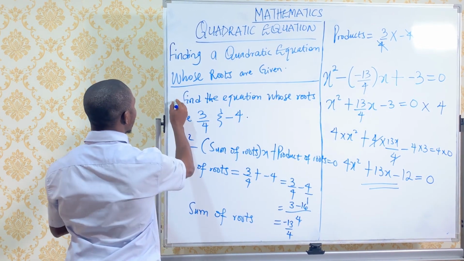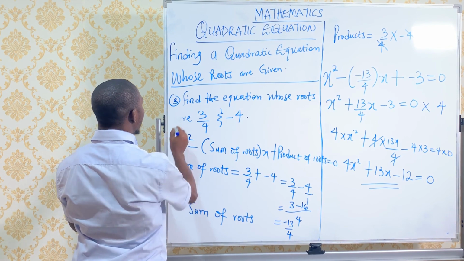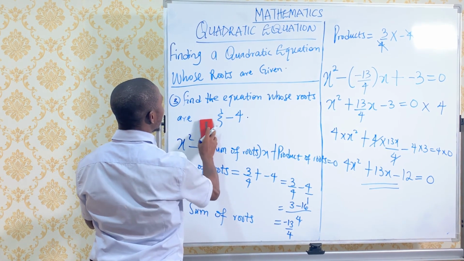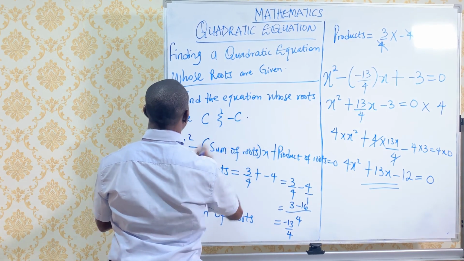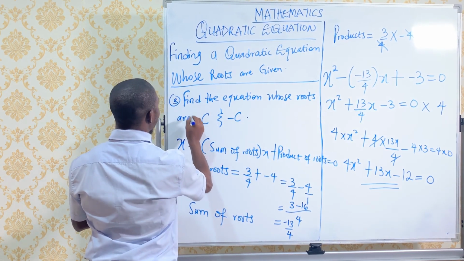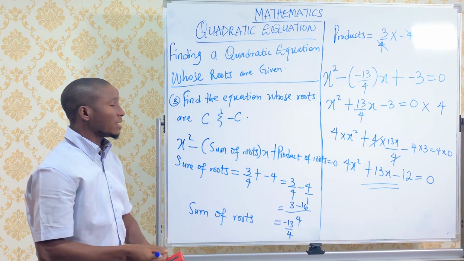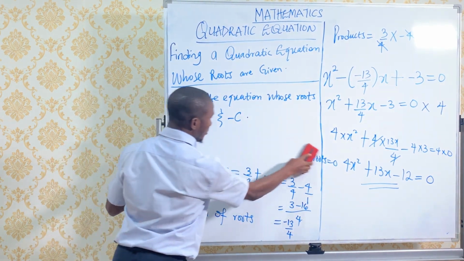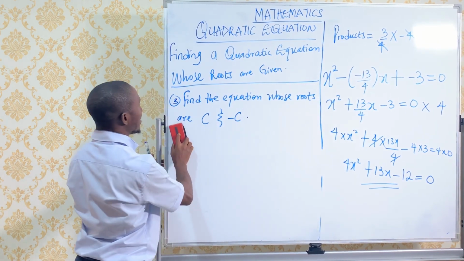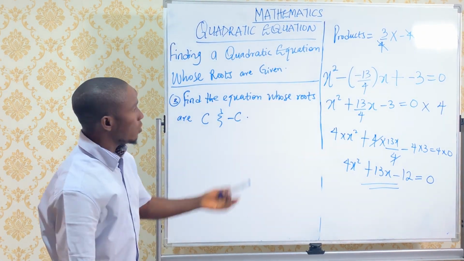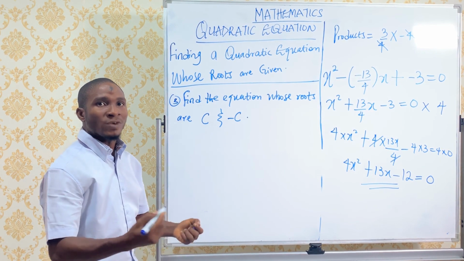Let's assume that the given roots here are not 3 over 4 and minus 4. Let's assume they are c and minus c. This is one of the WAEC questions. Now, using the same method, we want to find the sum of the roots.